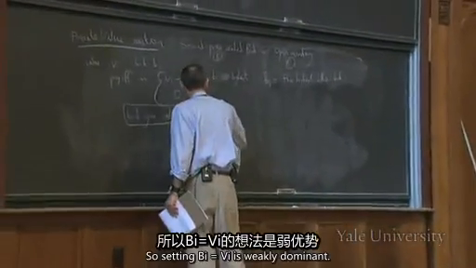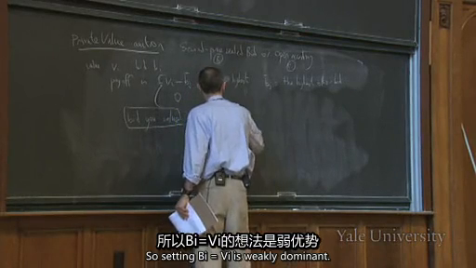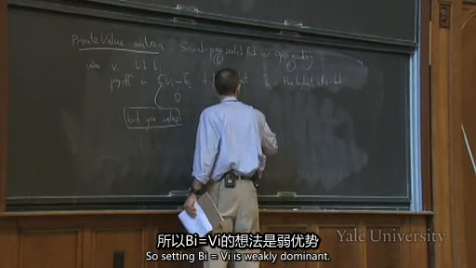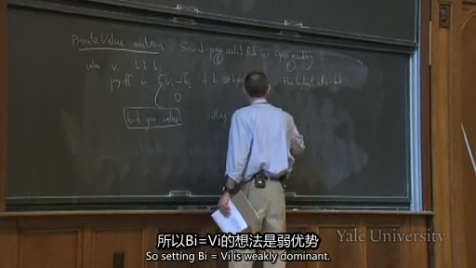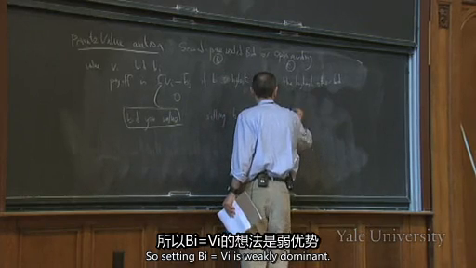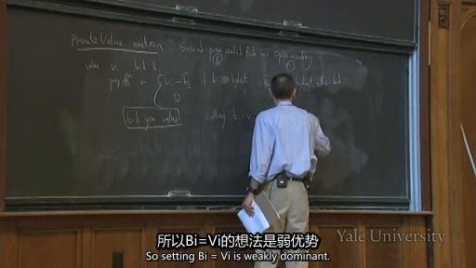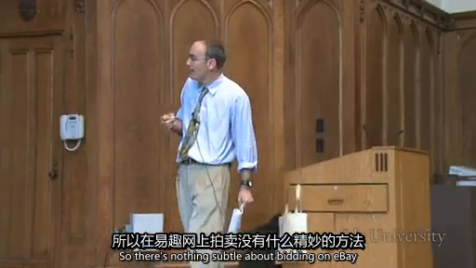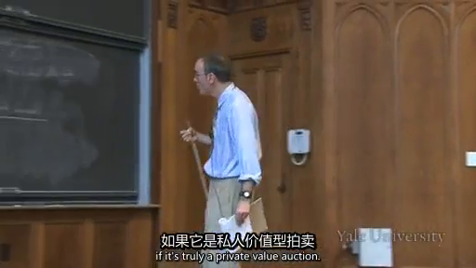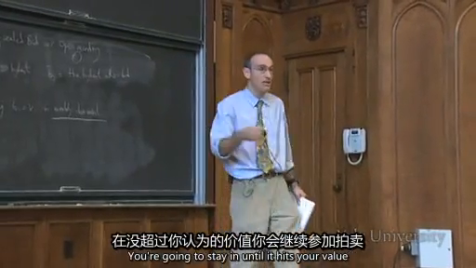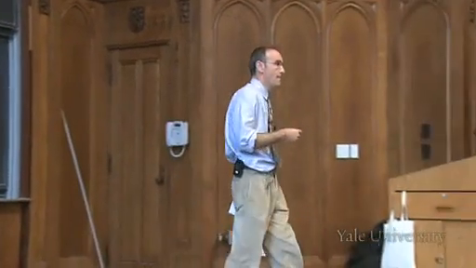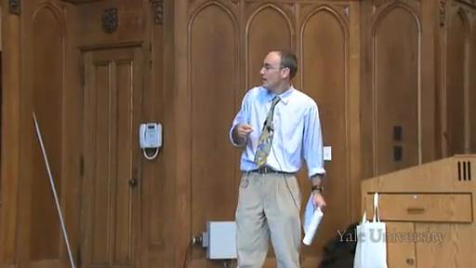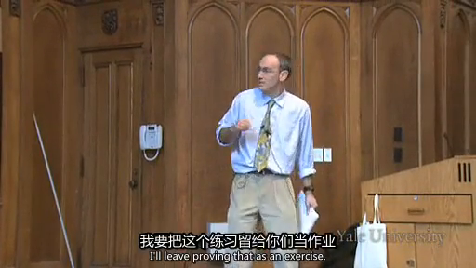So setting BI equal to VI is weakly dominant. It's really a very good idea. So there's nothing subtle about bidding on eBay if it's truly a private value auction. You're going to stay in until it hits your value and then you're going to drop out. Okay? I'll leave proving that as an exercise.